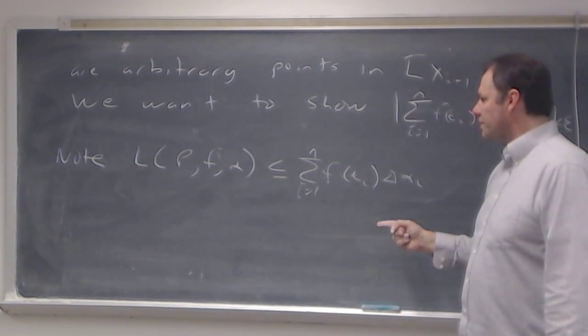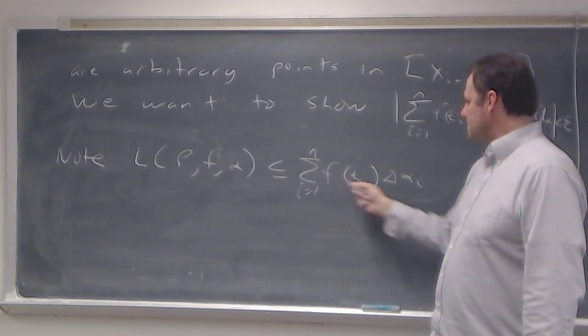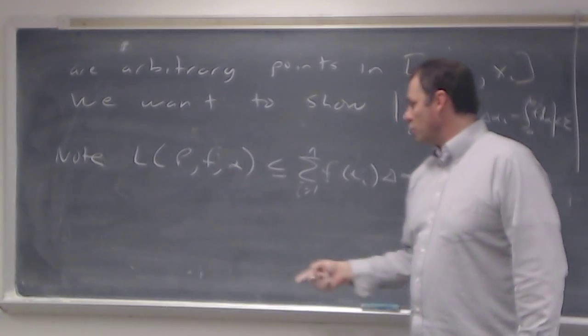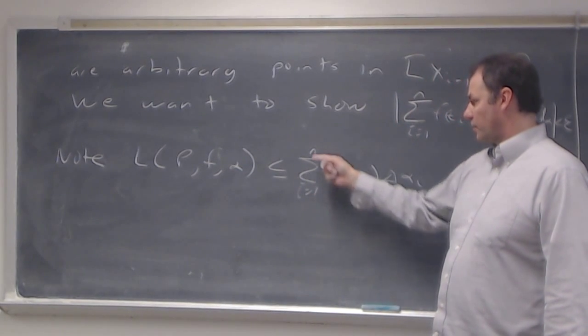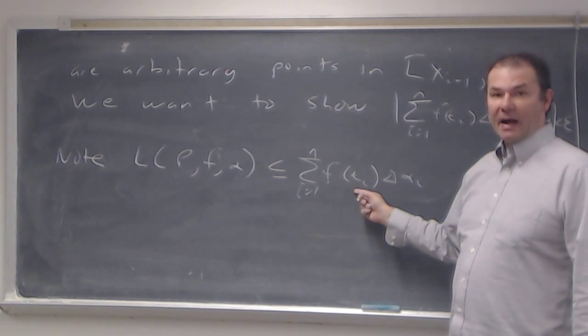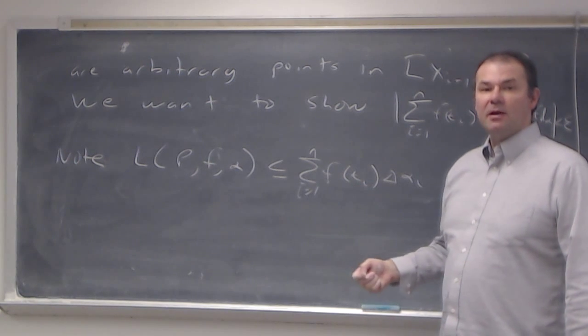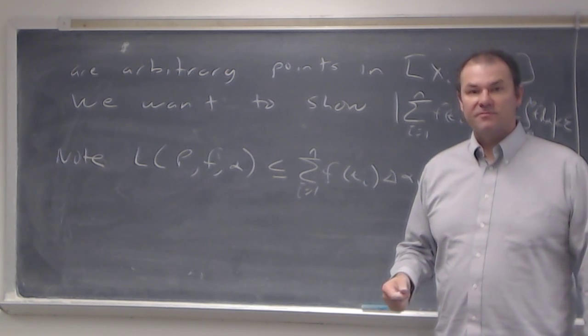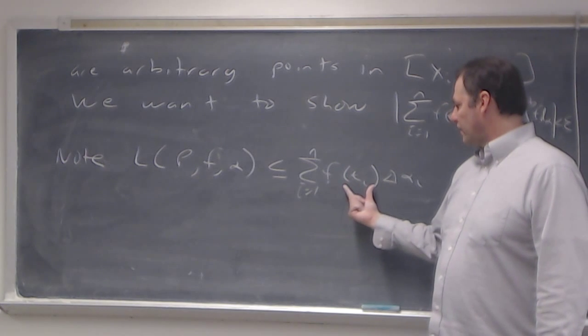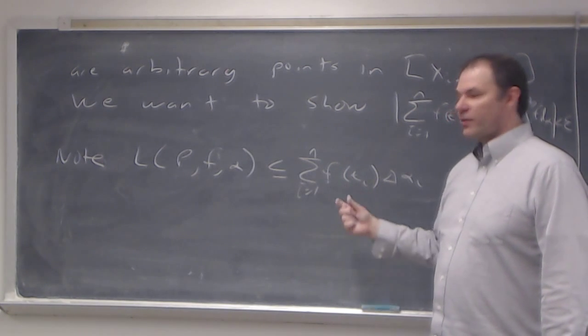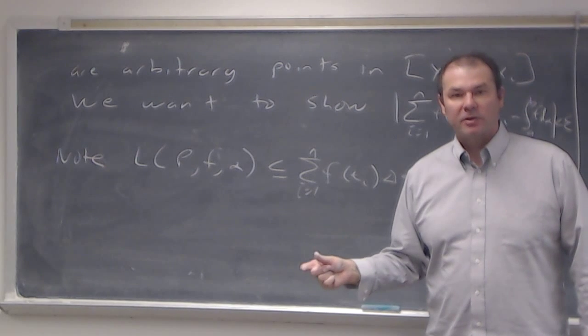And so I hope this is clear. The reason that this is true is that this lower sum is a sum, with i running from 1 to n, of the little m sub i's. And the little m sub i's are the minimum values of f of x over the subintervals created by the partition.